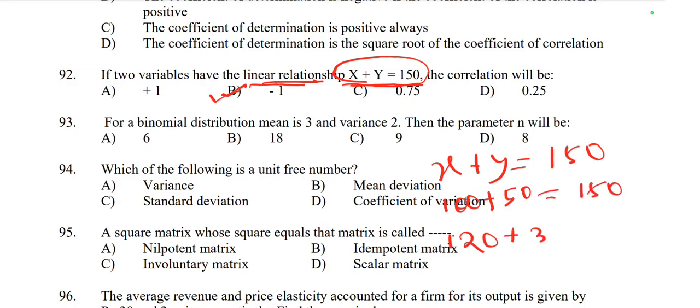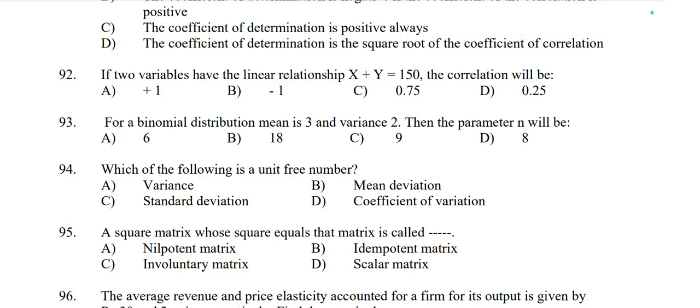So this creates a perfect negative linear relationship between the two variables. In such cases, the correlation coefficient will be minus 1, indicating a perfect inverse relationship between x and y.